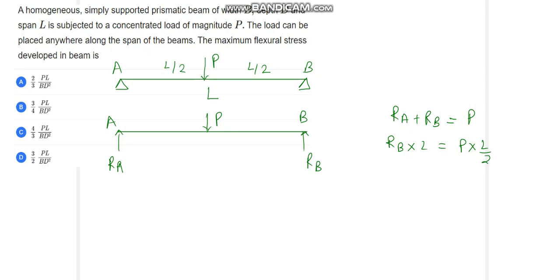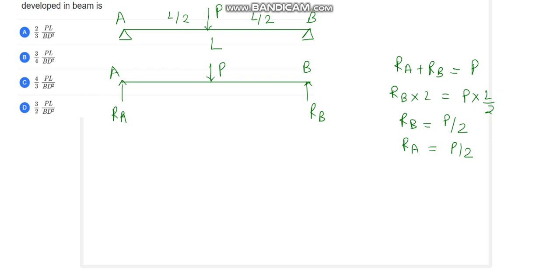So from here we can find out RB is equal to P by 2. By putting this into the first equation we can find out RA is equal to P by 2. Now we can easily write down that this is P by 2, this is P by 2.